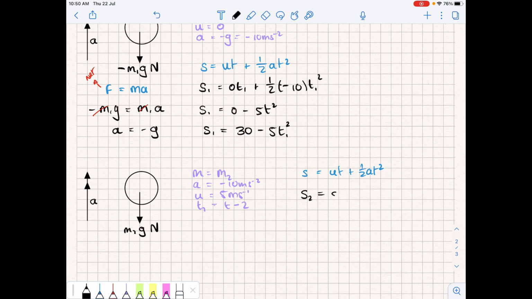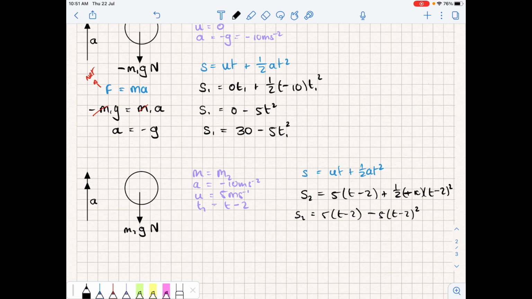So we have 5 for our initial velocity. Our time, remember, is now t minus 2, plus a half, acceleration is negative 10, and we have t minus 2 squared. This gives me a displacement function of 5(t minus 2) minus 5(t minus 2) squared.